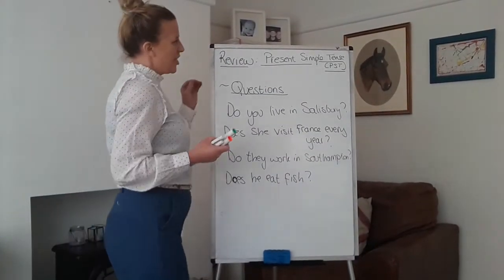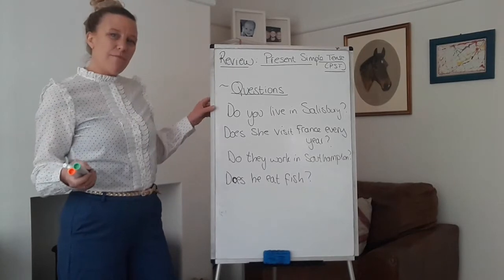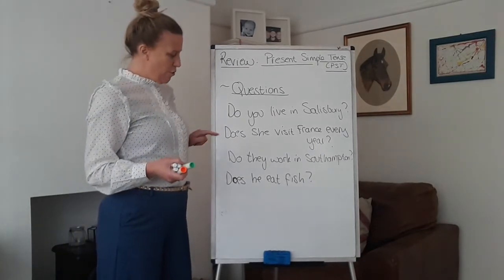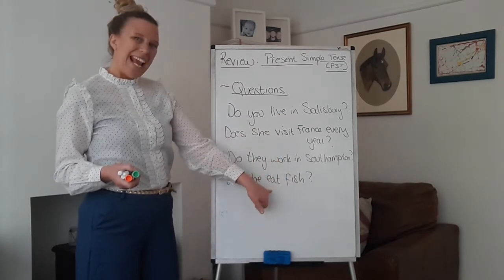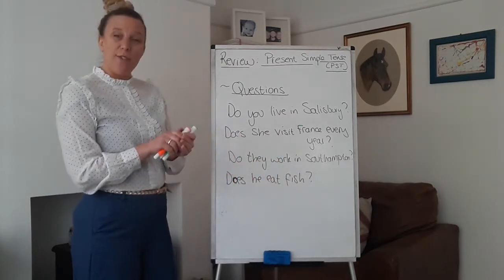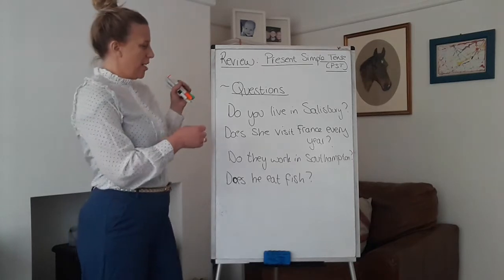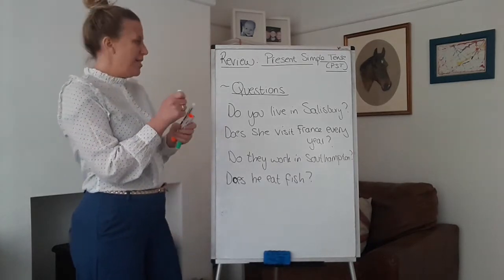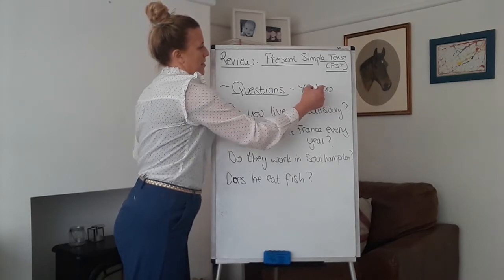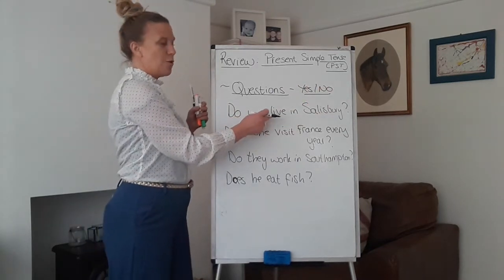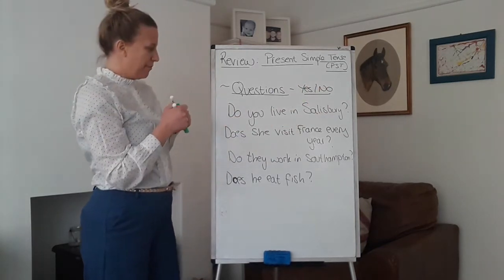Okay, so just quickly looking at the present simple with questions. So we use do or does with other verbs than be. Other verbs than be, we use do or does for present simple questions. So yes, no questions, these ones. Do you live in Salisbury?